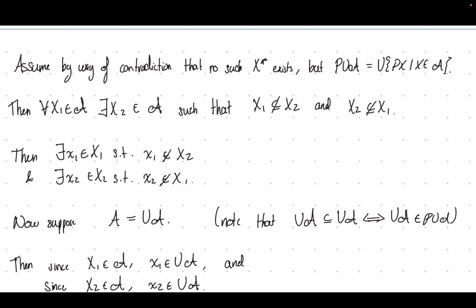So what I'm saying here is that if you pick out any element of script A, any set, call it X1, then you can always find an X2 in script A as well, such that they both have distinct elements. That's the argument I'm trying to make.